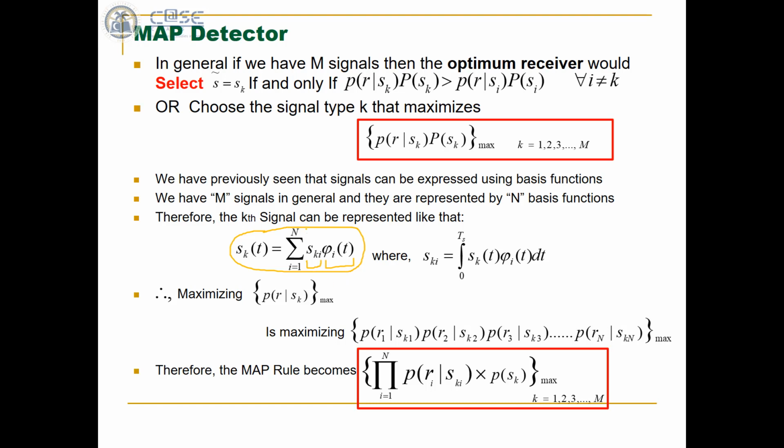Here we have capital N basis functions, and the types of signals are capital M. So k varies from 1 till capital M, and i varies from 1 till capital N. Ski is the kth signal's contribution using the ith basis function. So we can represent Sk of t in terms of the sum of the contributions of all the basis functions, right? And likewise, we can do it for the received signal R of t, and we can express it using the basis functions.